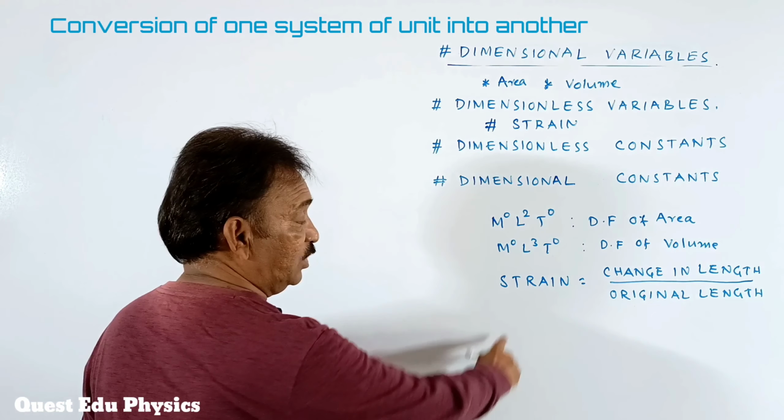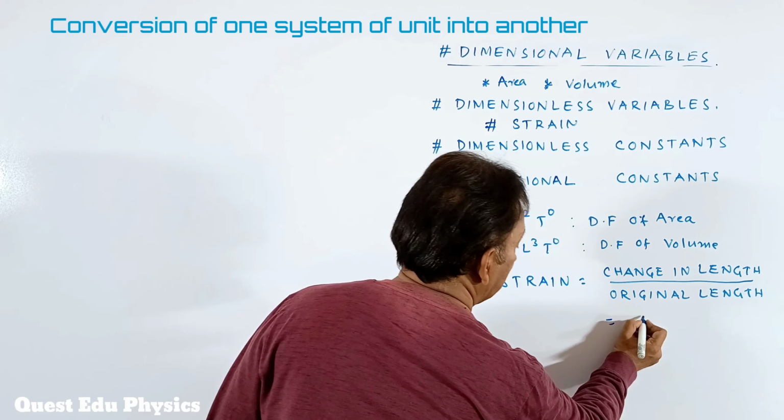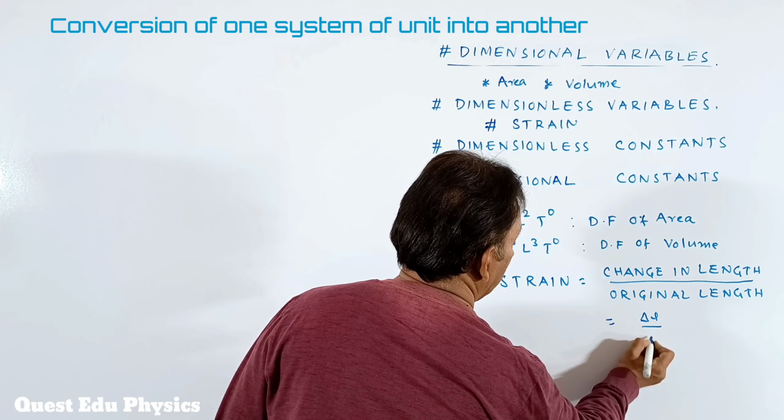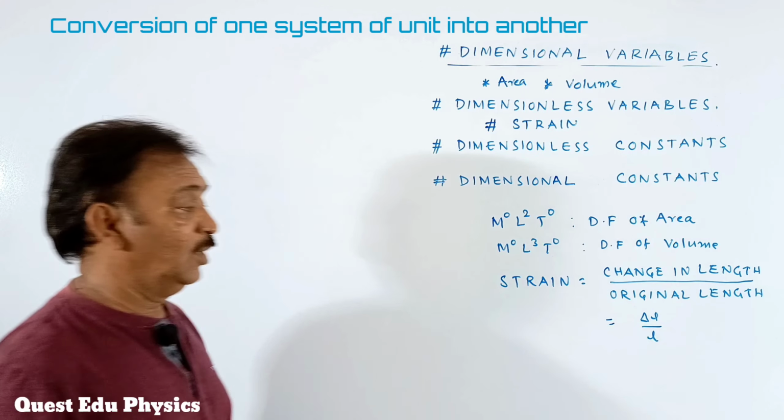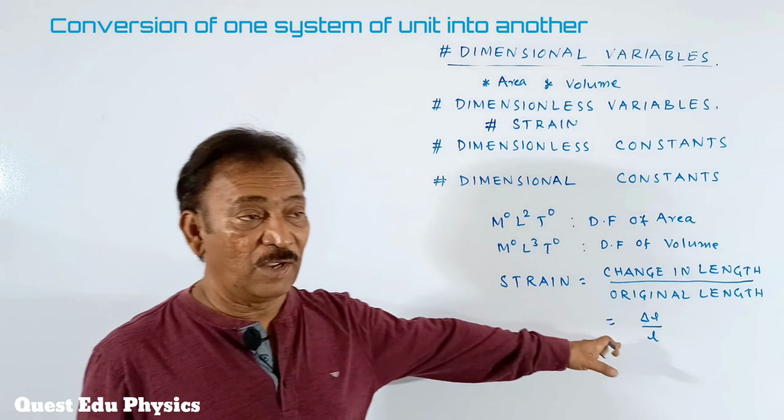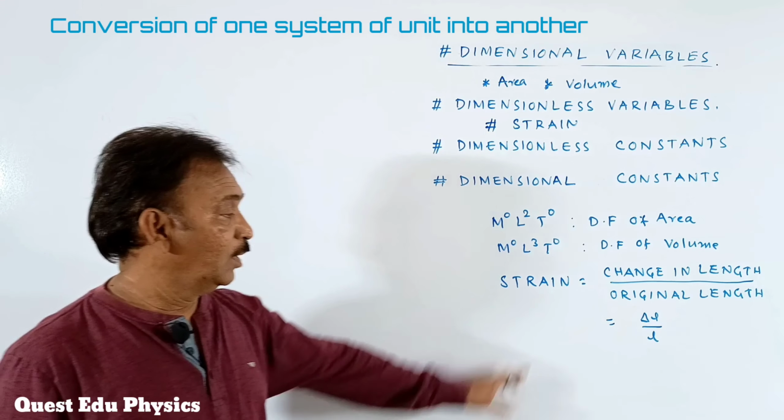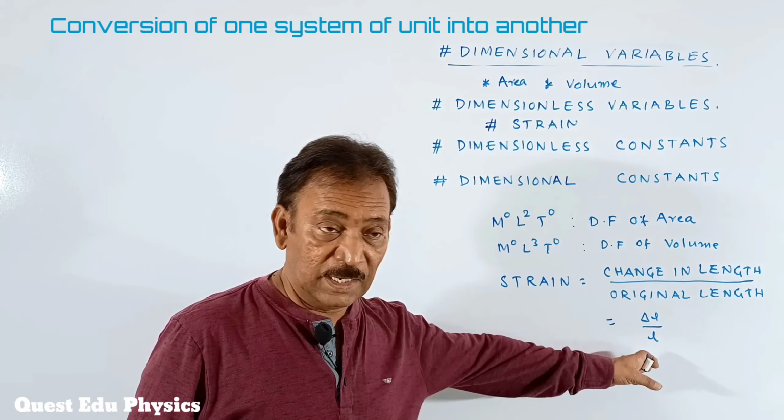Change in length, generally written as delta L. Delta L by L, it also doesn't have any dimensional formula.